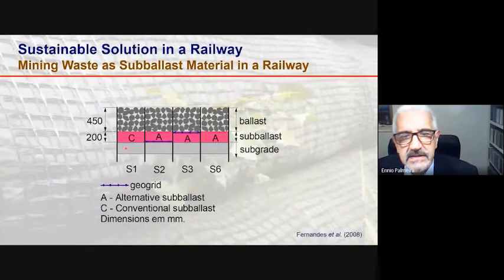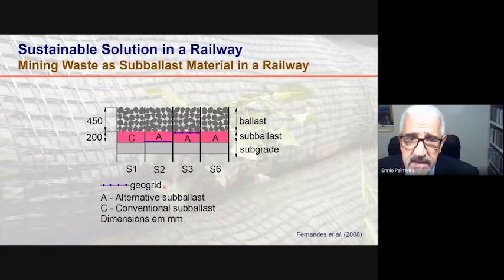This drawing shows the typical cross-section of the test section. Section S1 was the reference section, which was built with the conventional subballast material. In sections S2 and S3, we had the geogrid reinforcement. In section S2, at the base of the alternative subballast material.